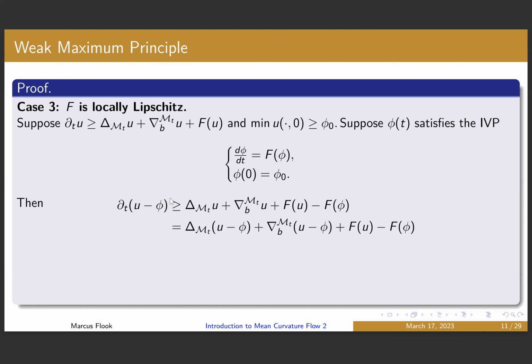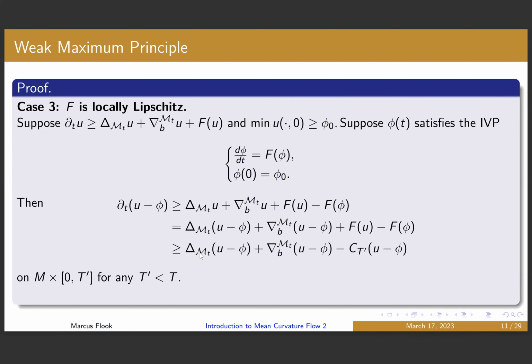What I can find then using the condition of locally Lipschitz, I can say that this is greater than or equal to this expression minus c sub t prime, where t prime is any t prime less than t. This will hold on this compact time interval.